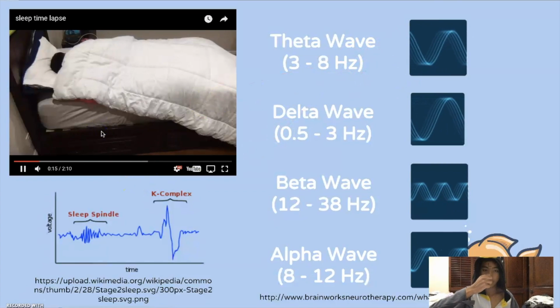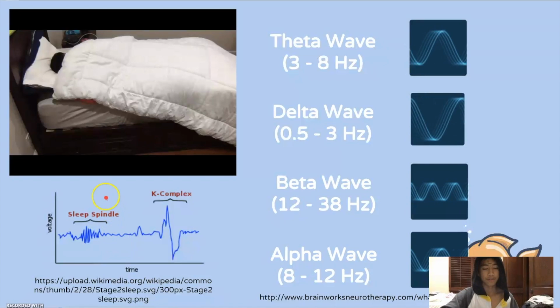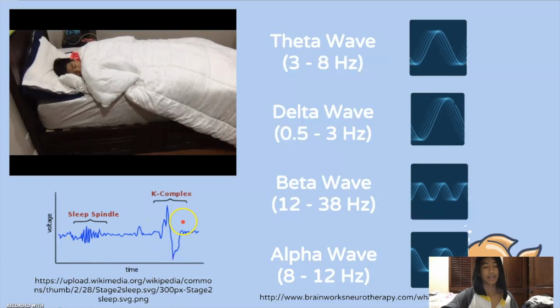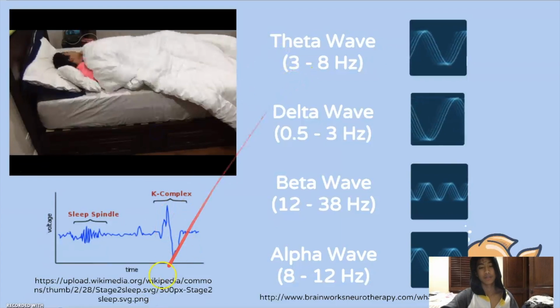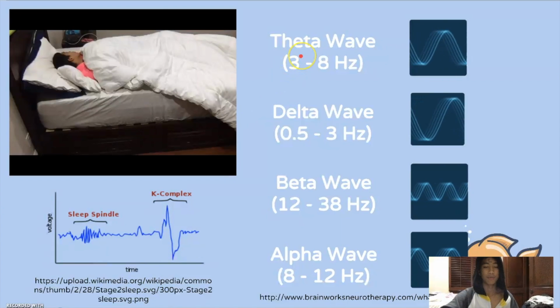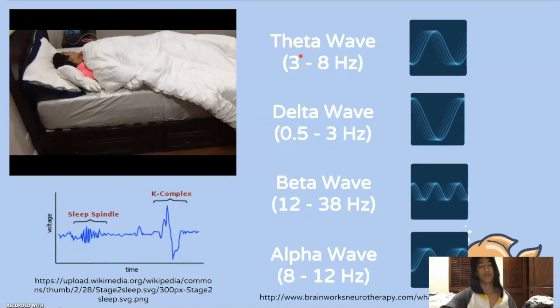In the second stage, there are two phenomena: a sleep spindle and a K complex, which are emitted about every minute. In the sleep spindle, there's a big increase in frequency, and in the K complex, there's a big increase in amplitude. And for these two stages, this is usually when you're caught falling asleep with your head jerking.